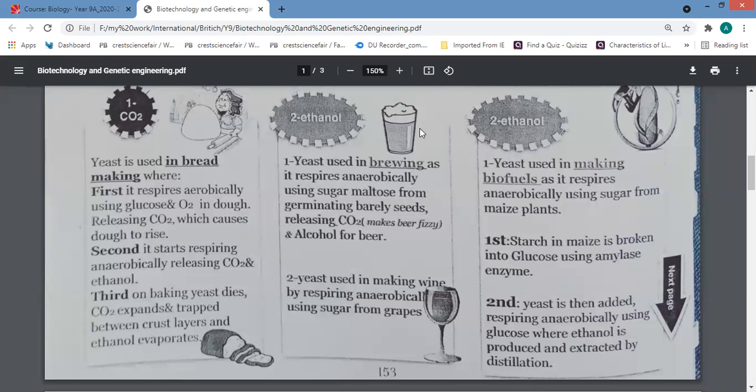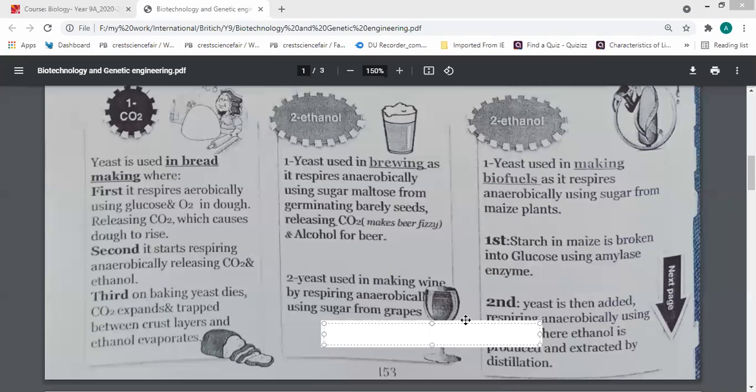This type of sugar in grapes is called, I will write, it's the same glucose in grapes, but in other types of fruits, the type of sugar is called fructose. But in grapes, the type of sugar is glucose.